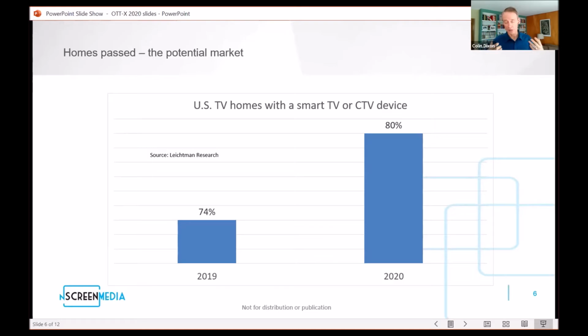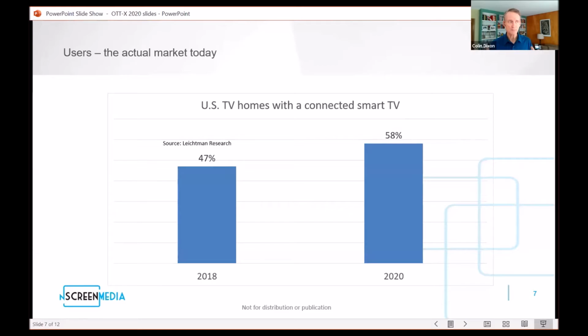According to Leichtman Research, about 80% of TV homes now have some sort of smart TV or connected TV device. What does that translate to? Well, there are 121 million TV homes according to Nielsen. So that tells us we have about 96 million homes in the US today that are smart TV enabled or connected TV enabled.